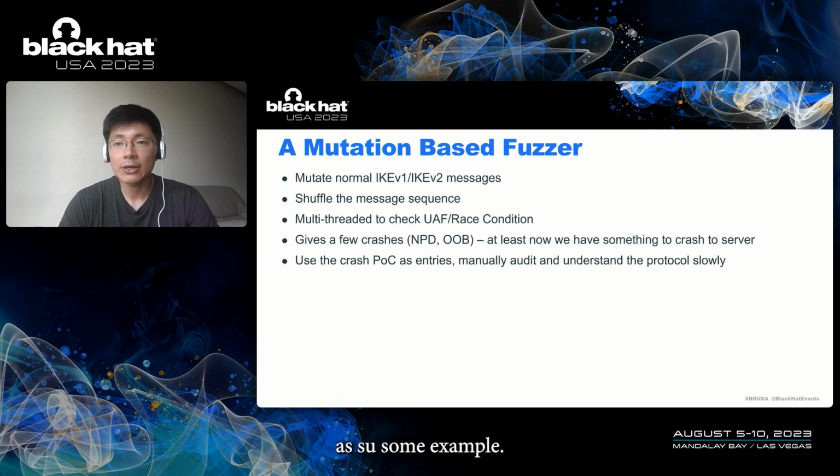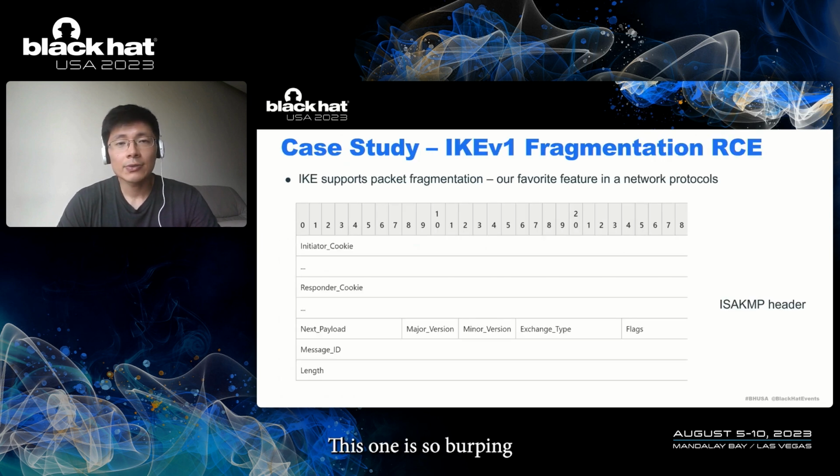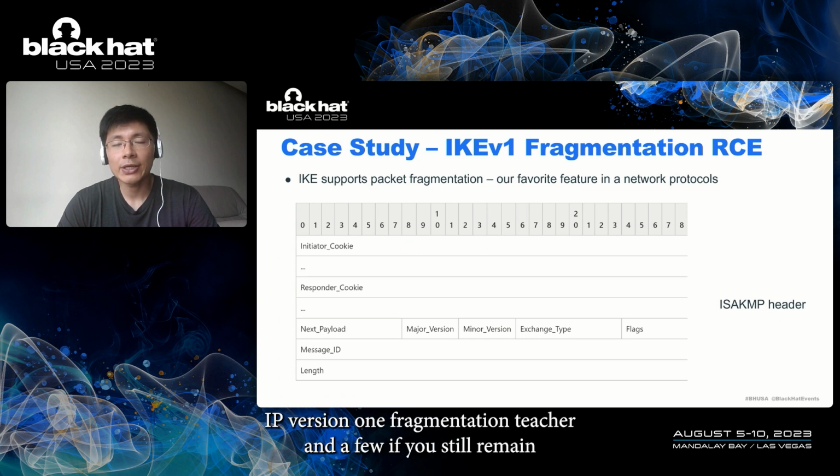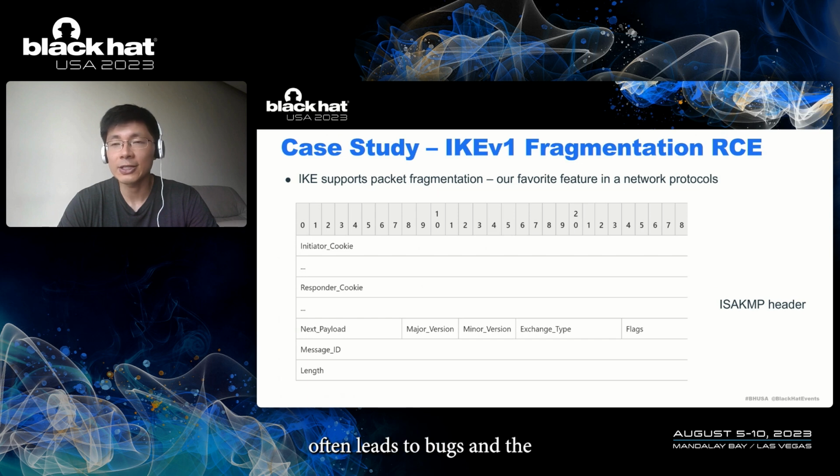Let's see some examples. This one is a bug in the IKE version 1 fragmentation feature. If you still remember the PAP fragmentation bug we introduced before, we said that the fragmentation feature often leads to bugs. And this is yet another example.